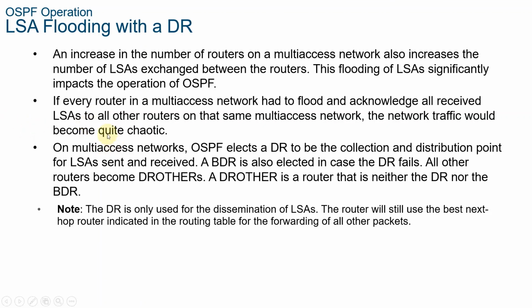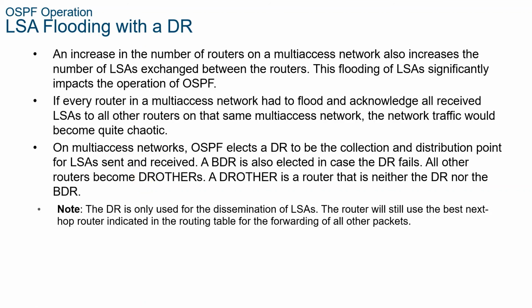Now, on multi-access networks, OSPF elects a DR, or designated router, to be the collection and distribution point for LSAs sent or received. A BDR is also elected in case the DR fails. All other routers become DROthers. Take note that we only have one DR and one BDR in the segment.